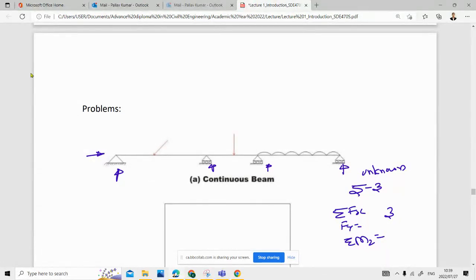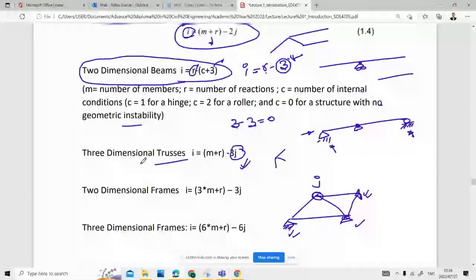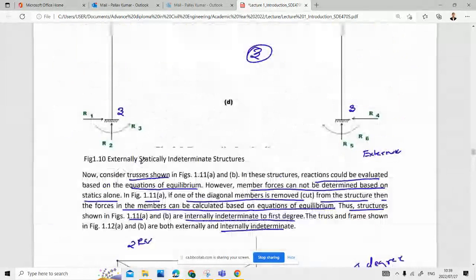While you are doing that, I will also post some questions for getting indeterminacy of the structures.